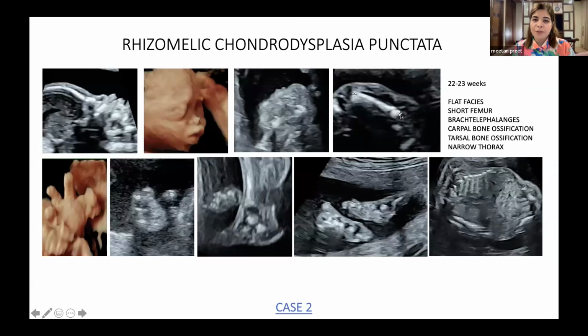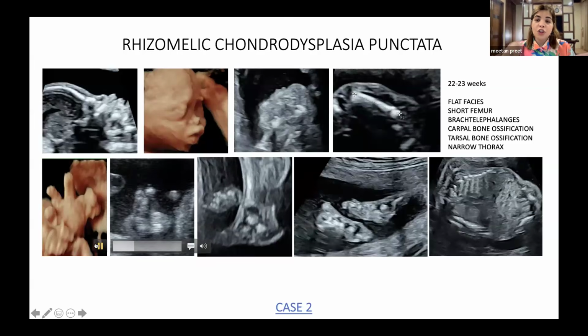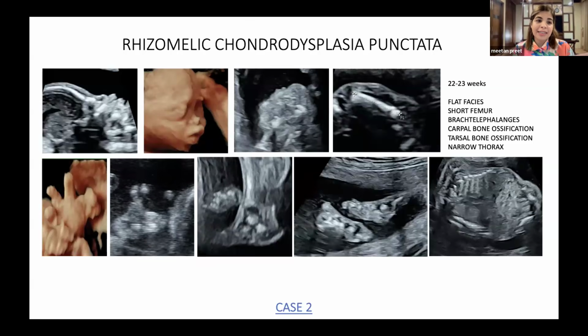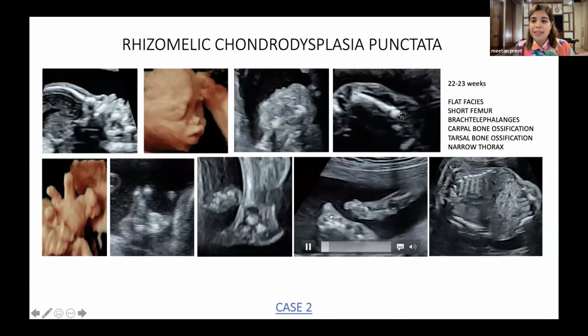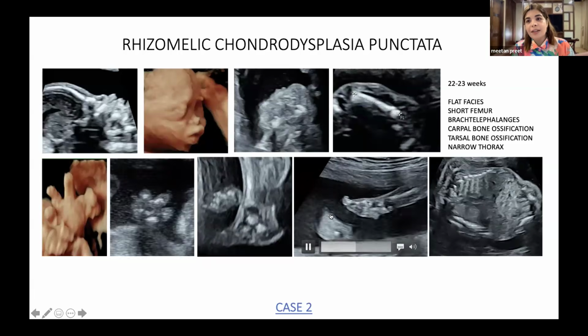We see a short femur. We see these stippled epiphyses. Again, the fingers are something that we miss. Short and stubby fingers are something that we miss. Here we are seeing carpal bones as well as brachytelephalangy. We are seeing tarsal bone ossification here and in this video, as well as a narrow thorax.